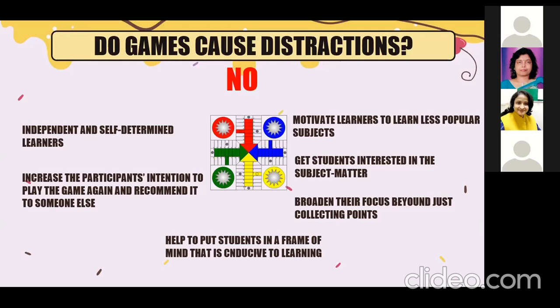But when you're designing an educational game, we see to it that we have a specific learning outcome. But in general, games help put students in a particular frame of mind that helps them in learning.